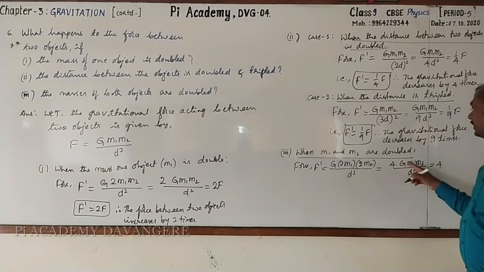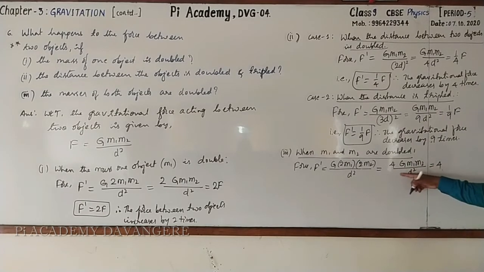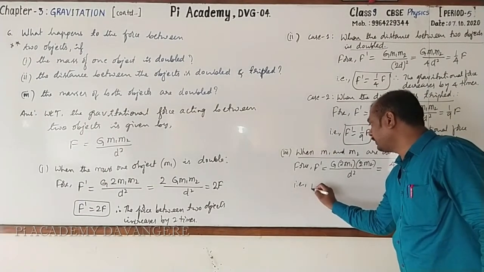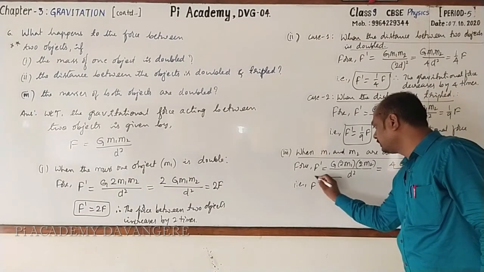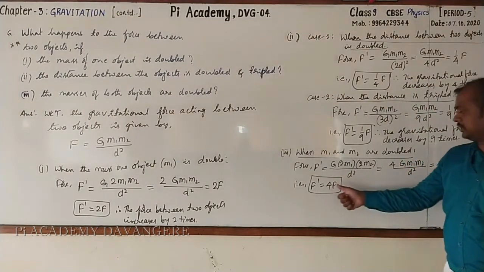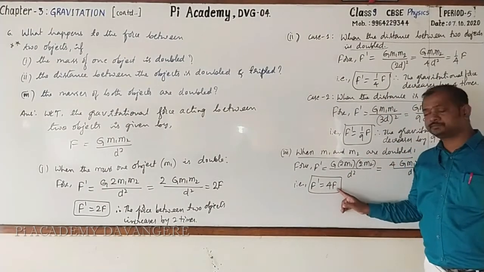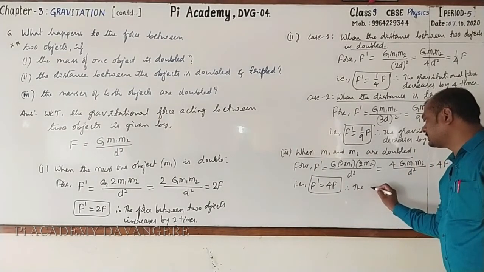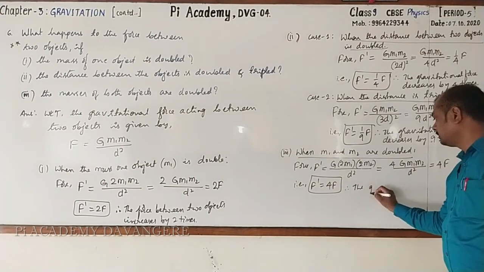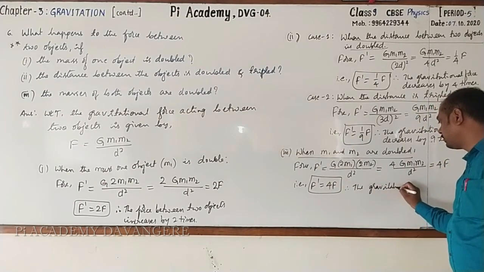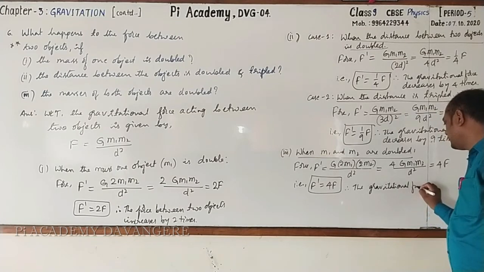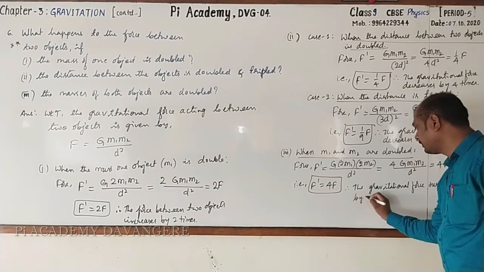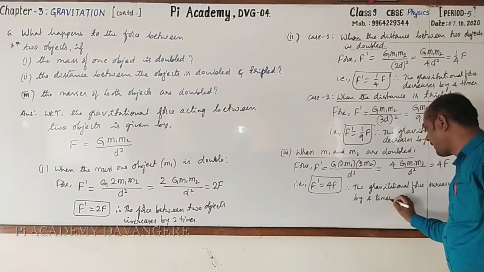So 4 into F, that is F dash is equal to 4F, which means the new force is 4 times more than the original force. Here we can write: the gravitational force increases by 4 times.